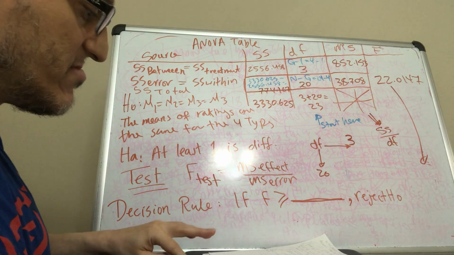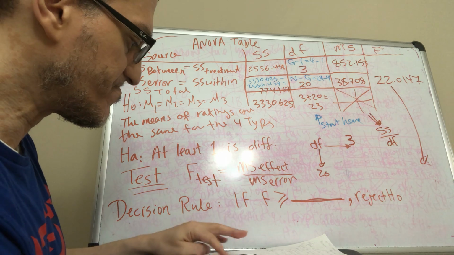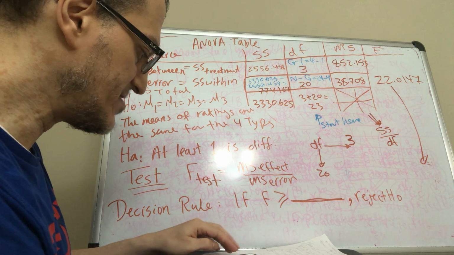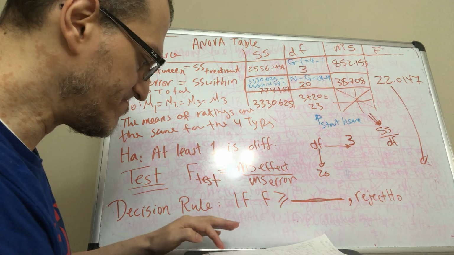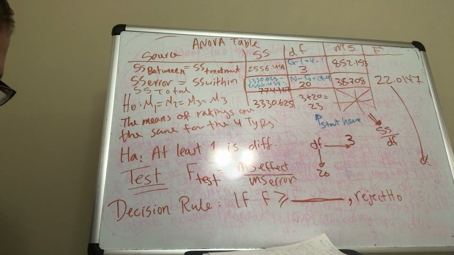Again, she will probably give you the F table, so I'm going to use an F table. I'm going to go to Google and look for the F table. You'll see a lot of F tables.